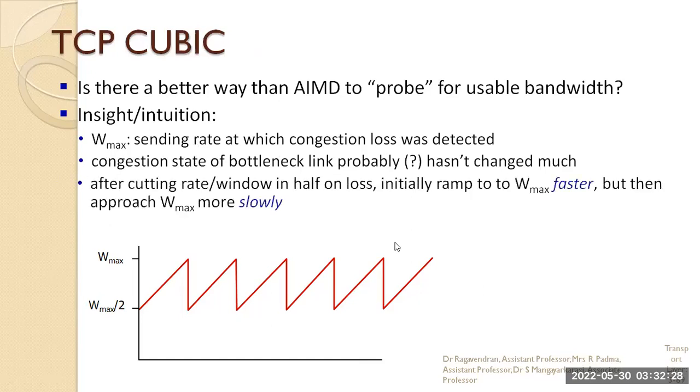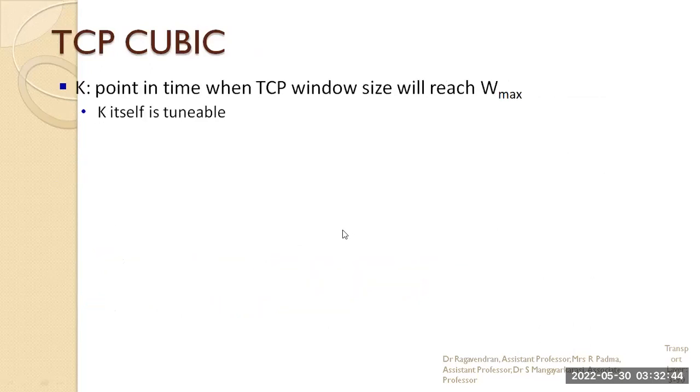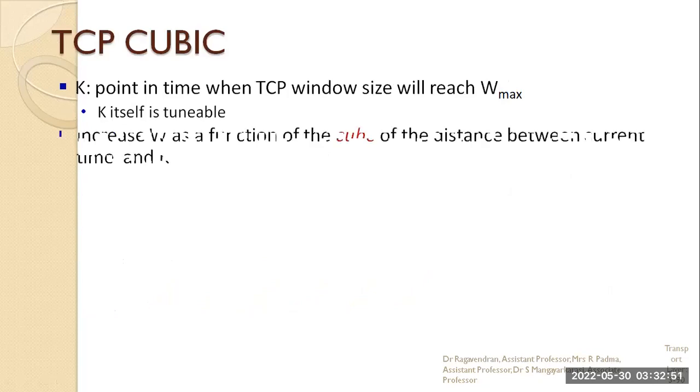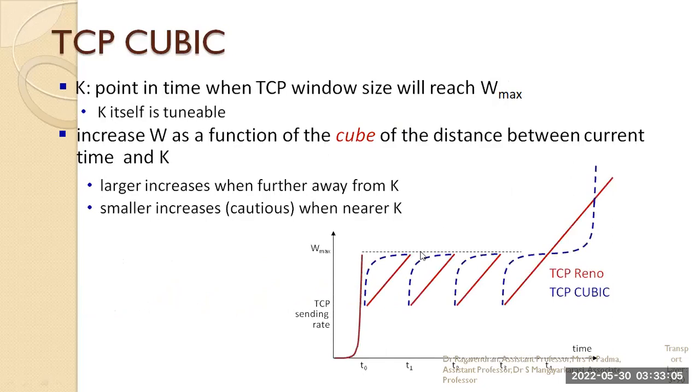After cutting the window in half on loss, initially ramp up to Wmax faster, but then approach it more slowly. K is the point in time when the TCP window size will reach Wmax; K itself is tunable. Increase W as a function of the cube of the distance between the current time and K: larger increases when further away from K, smaller increases when nearer to K.